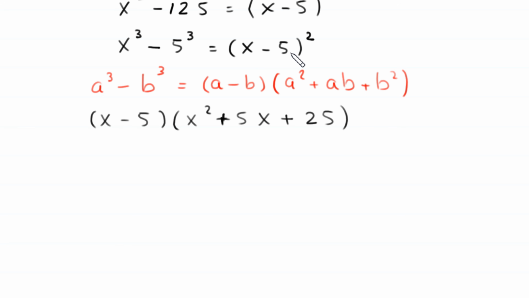Move this expression to the left hand side. This will become x minus 5 times x squared plus 5x plus 25, negative x minus 5 squared equal to 0.